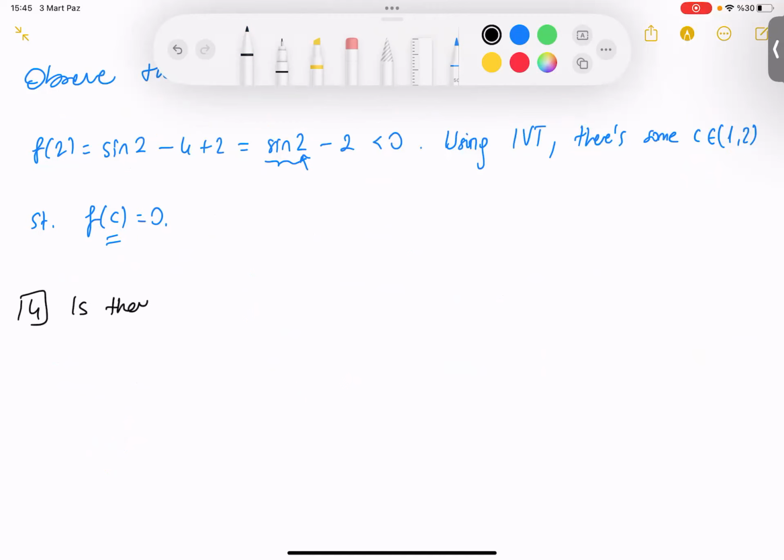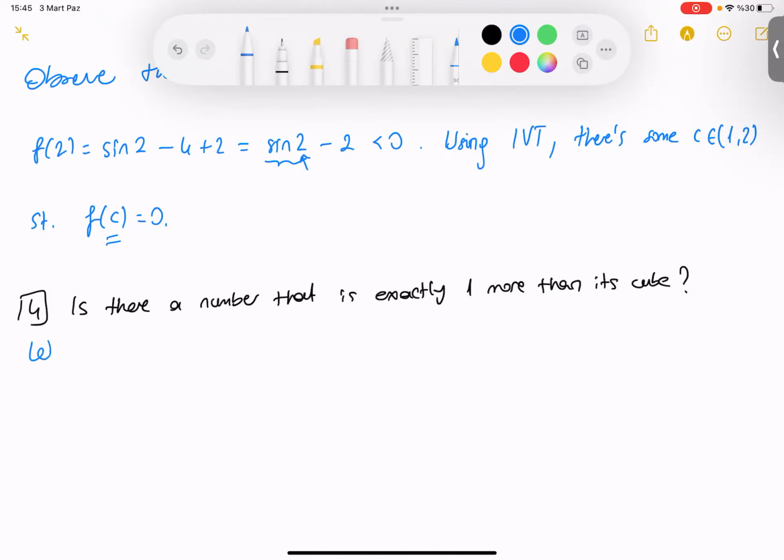Now, is there a number that is exactly one more than its cube? Okay. So first we will write an equation using this definition.